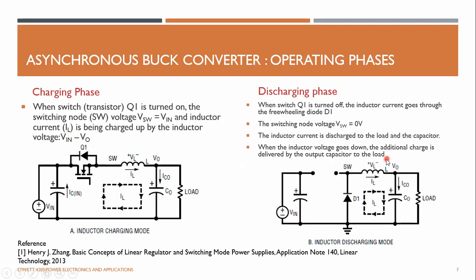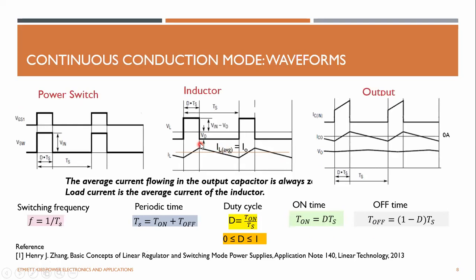Now we have minus V out across the inductor. This negative voltage across the inductor pushes the inductor current back toward 0, but it never goes to 0, and immediately in the next cycle it's turning on, allowing the inductor current to ramp up.